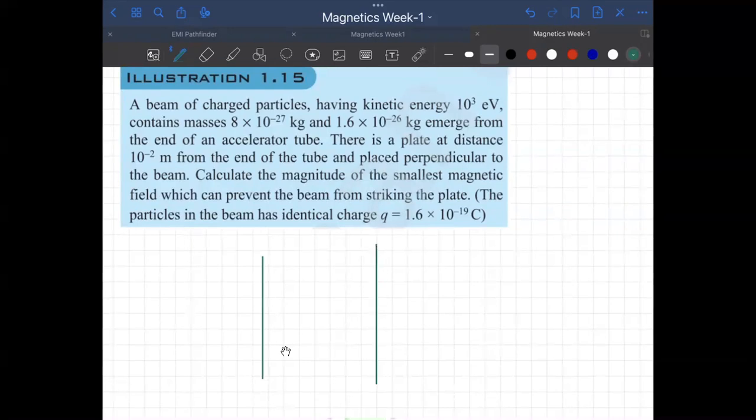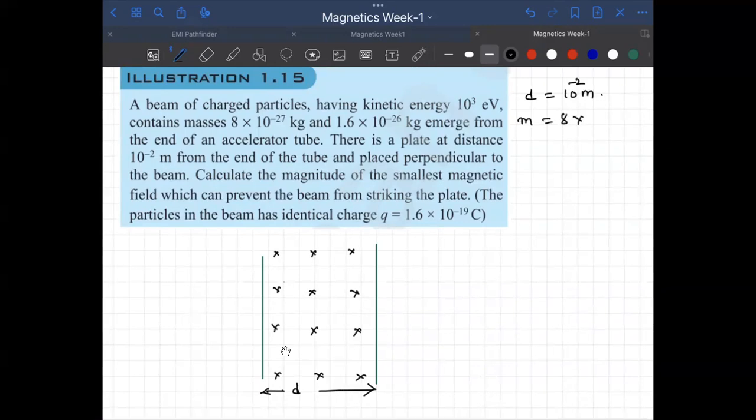And you have an inward magnetic field in this region. That distance is D for my observation, so D is 10 power minus 2 meter.